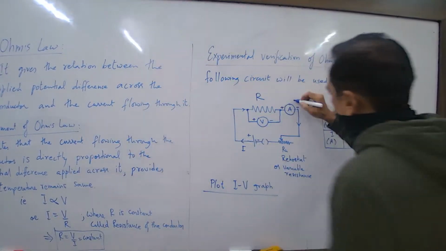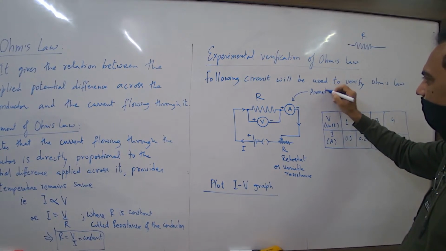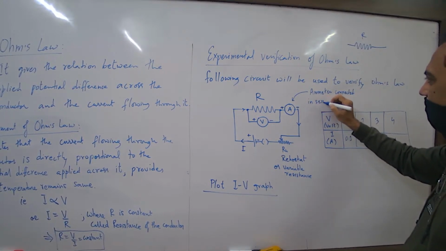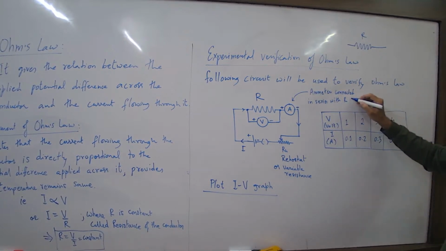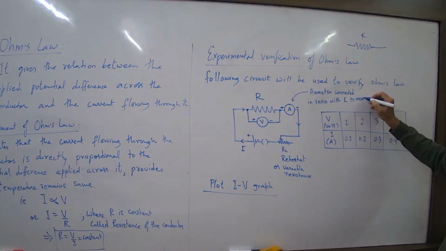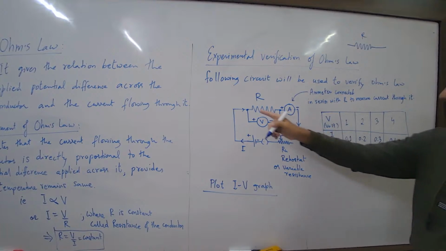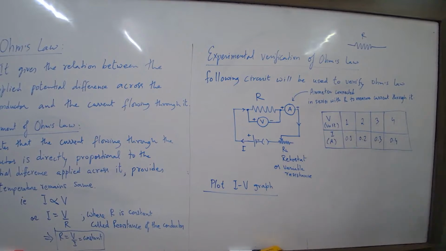So what is this meter? This is called an ammeter, connected in series with R to measure the current through it. Where is the current passing? Through R. Whatever current is passing, it will note down.